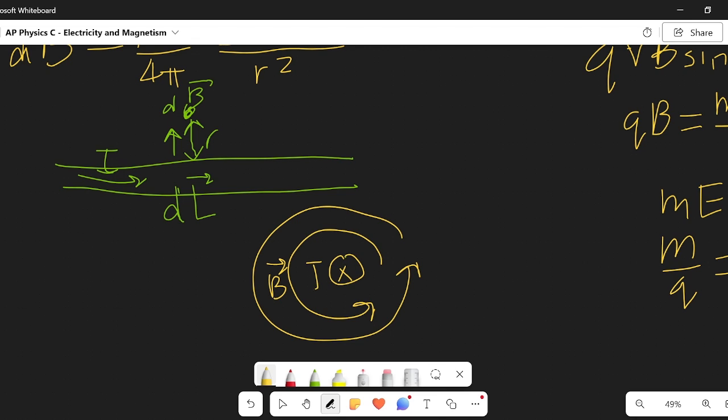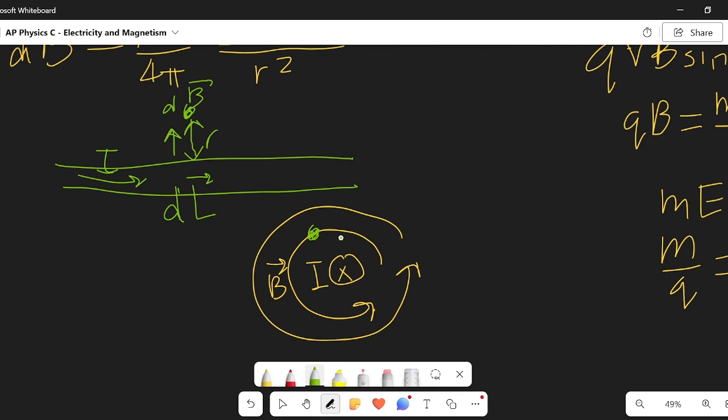If we have the current going in, this is going to be a wire. Technically the current is going in, but if you think about the wire, it's pointed towards us, and we know the magnetic field around that. So what our Biot-Savart law can tell us is, let's try to find the magnetic field caused at a point at a distance r, here.